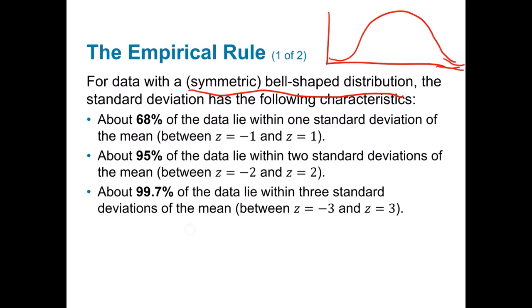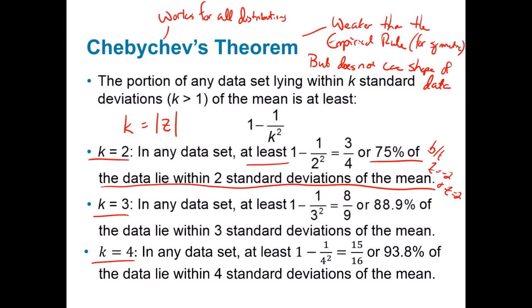So here we're getting an exact amount. What are we getting with Chebychev's theorem? 75. But is it exactly 75%? It's at least, right? So we're only getting a minimum percentage here. You're only getting the minimum amount of data that's guaranteed to be there. It could be more. It can't be less, but it could be more. So we're not getting the exact amount.